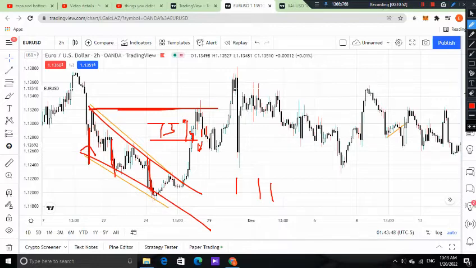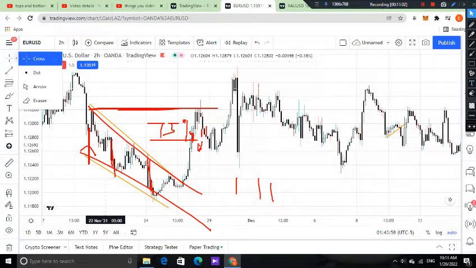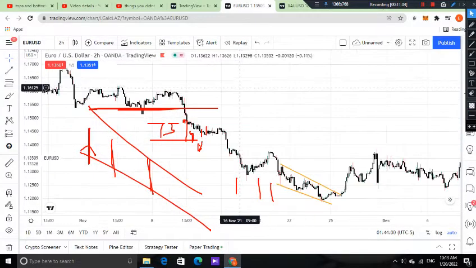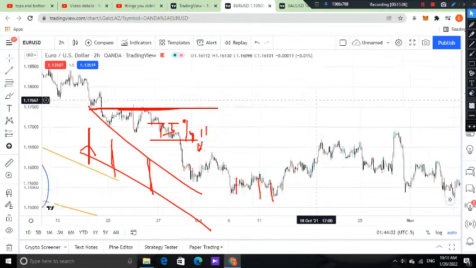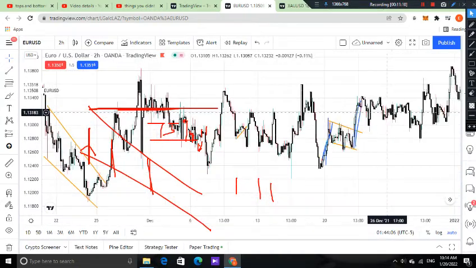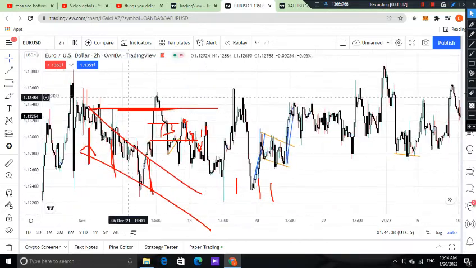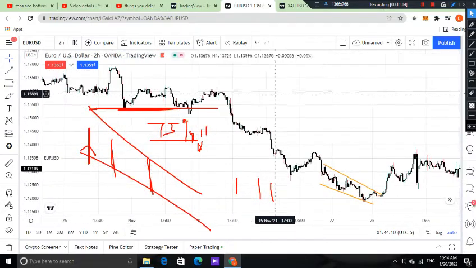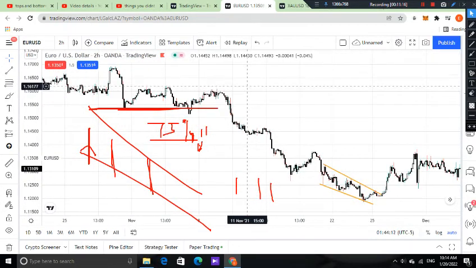When you have a wedge bottom, you expect to see a bull breakout. Its probability is 75%, and when there's a wedge top, there's a 70% chance of bear breakout.